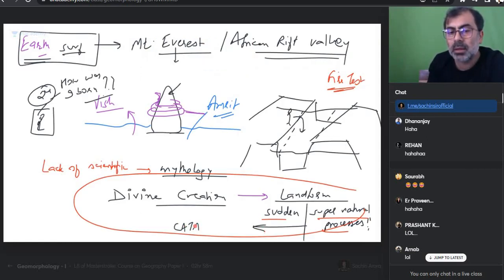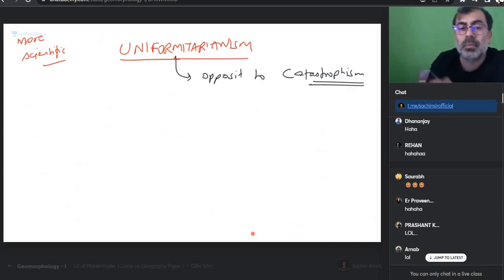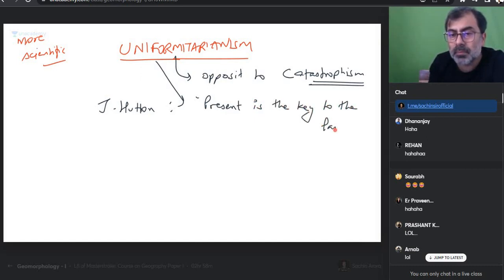So the original philosophy of studying Earth's landforms was based on the idea of catastrophism. James Hutton gave the concept of uniformitarianism. Yes, he says, present is the key to the past. He says catastrophism is wrong, and he proposed gradualism.